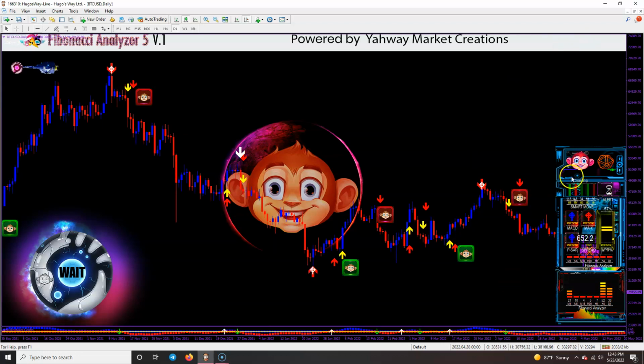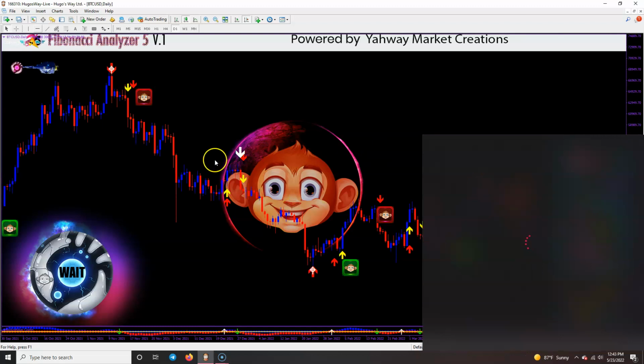So if you take the 5 elements that will signal a sell or a buy, and you also have the orb saying sell, or the orb saying buy at the same time, then you're in a good situation.